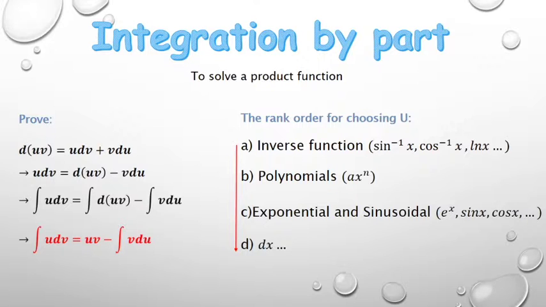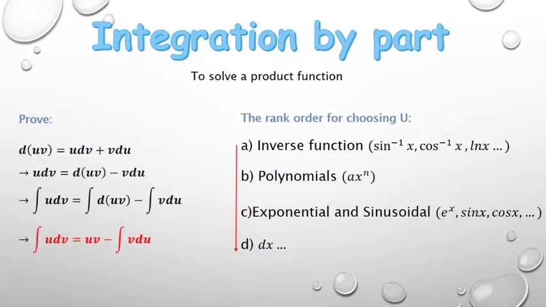And then we integrate both sides, and we get integration of u dv equals integration of d(uv) minus integration of v du. And integration of d(uv) equals uv. Therefore, integration of u dv equals uv minus integration of v du.